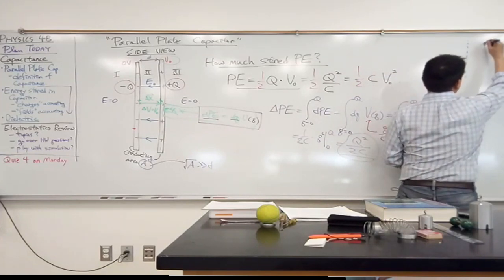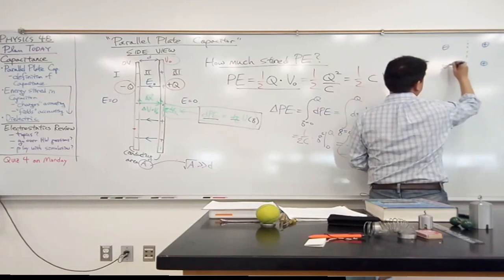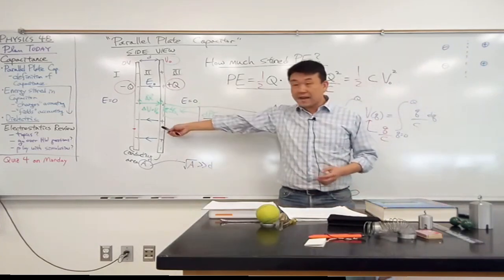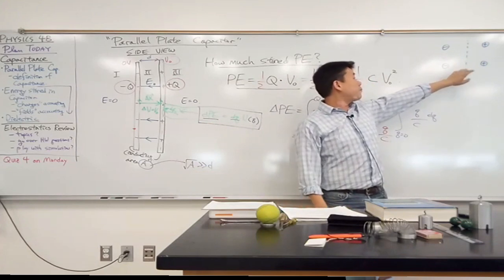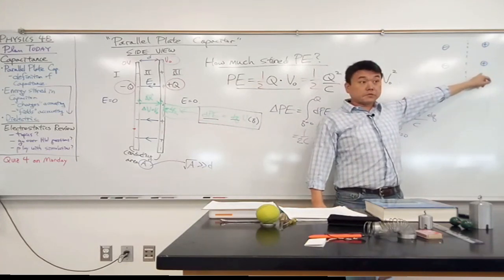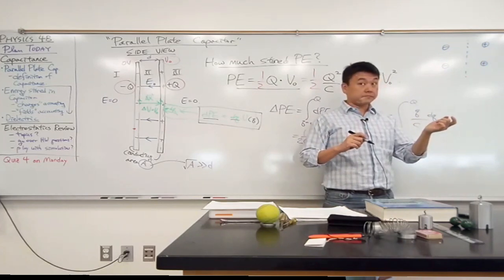Let's say positive charge here and negative charge here, similar to this, except let's do it with point charges, so that you can analyze each interaction one at a time.